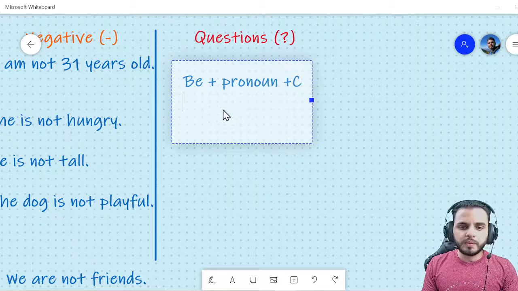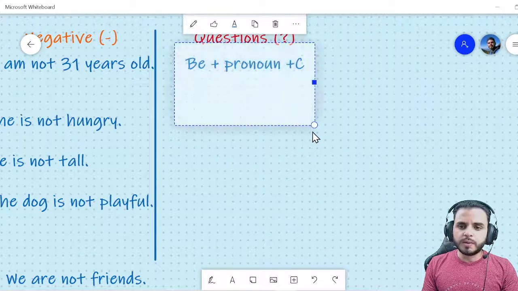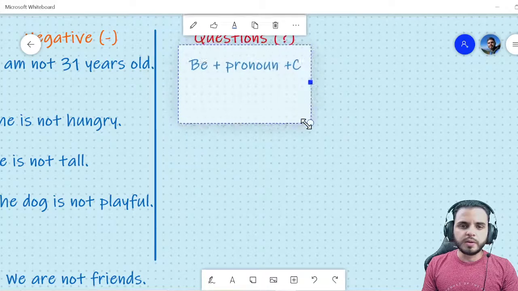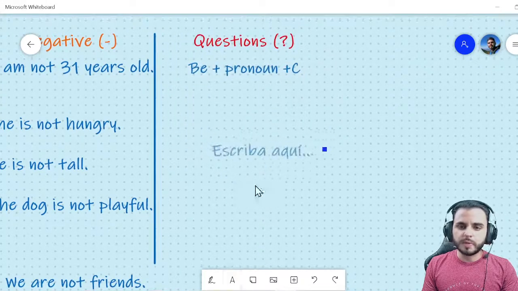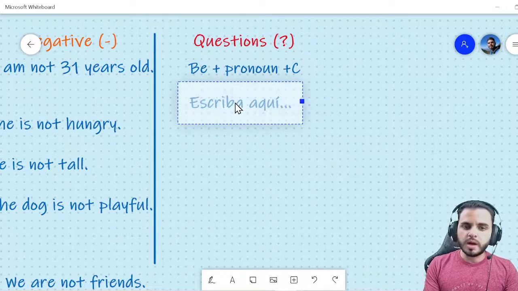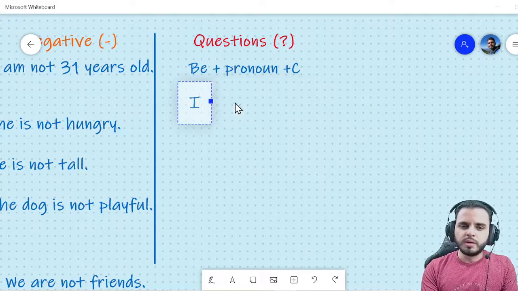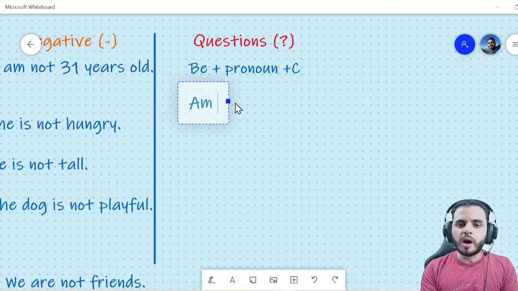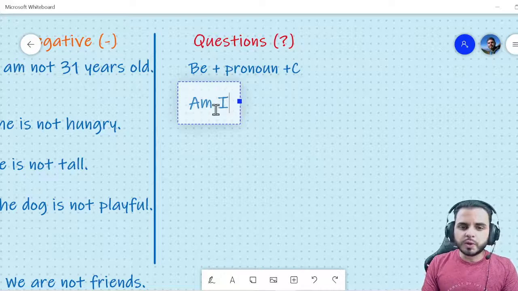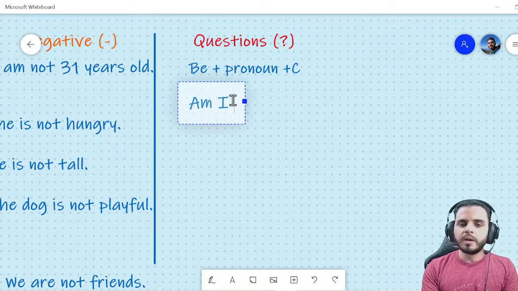If we follow this structure, then we are going to have something like this. If I'm talking about me, if I'm asking myself a question, I'm going to say, am I, right? Because first we have the verb be, then we have the pronoun I. So I say, am I late?